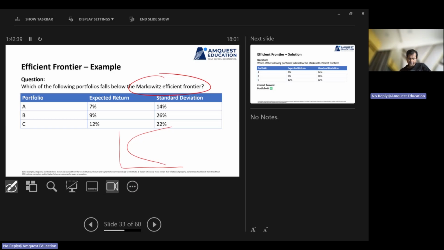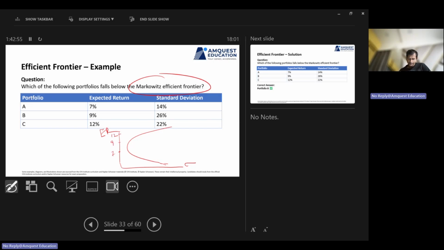Okay, now if I draw this, this is ER, this is deviation, right? When deviation is 14%, ER is 7, right? So let's say 7 is here, 9 is here, 12 is here.